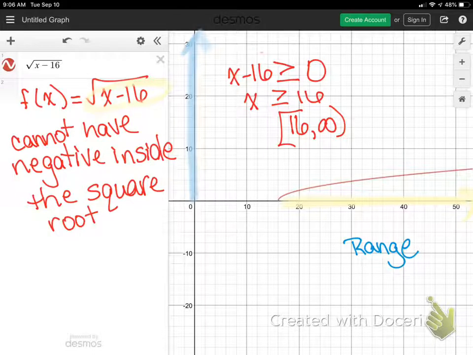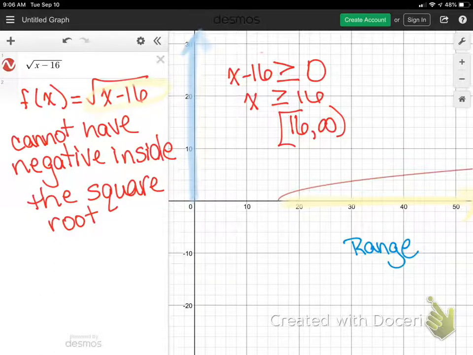This particular graph gets higher and higher. As I continue towards infinity on my x value, what am I continuing towards on my y value? Infinity. And remember, it goes on forever. Do I have any y values down here? No, I don't.